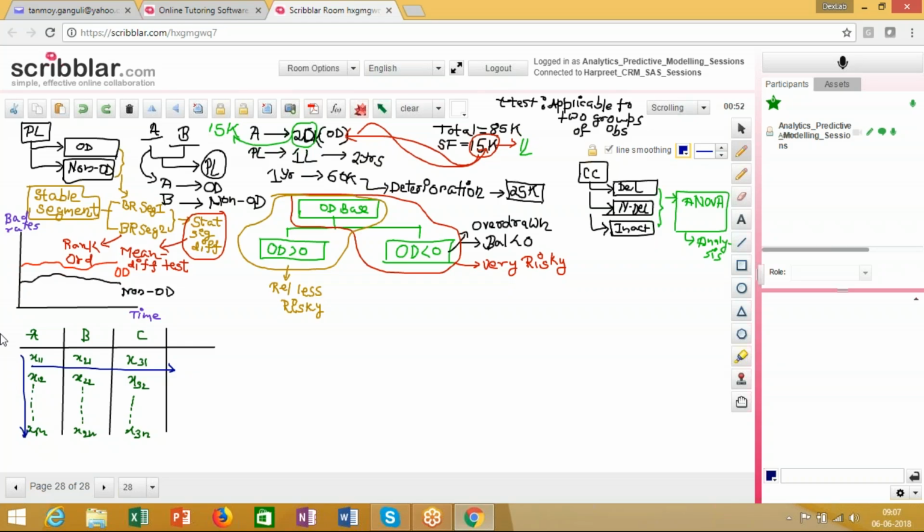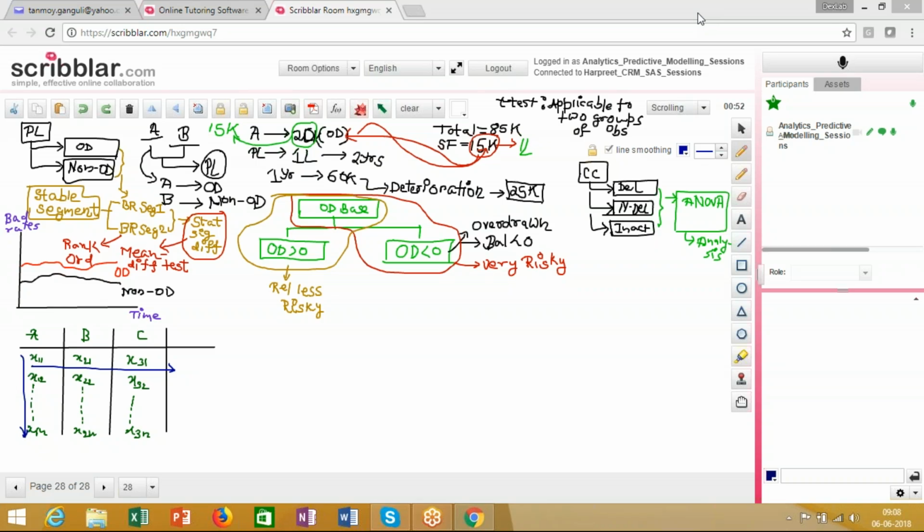So this is the logic using which we try to analyze the use of these statistical measures. Is the logic of ANOVA clear?